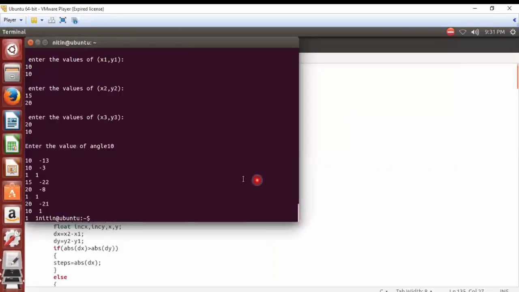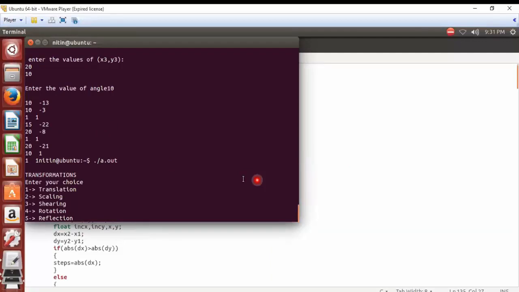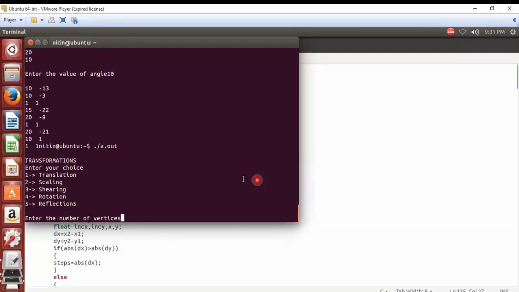Next transformation is reflection. Again, enter the number of vertices 3.